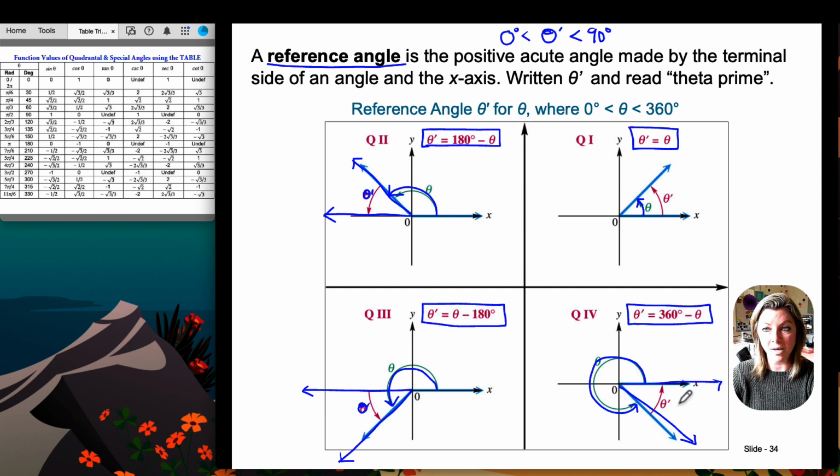That gives us that positive acute angle called the reference angle, noted as theta prime. And its measurement, as you can see, theta and theta prime together create one full rotation of 360 degrees. So if we take our 360 degrees and subtract out theta, it leaves us with just however many degrees theta prime is.